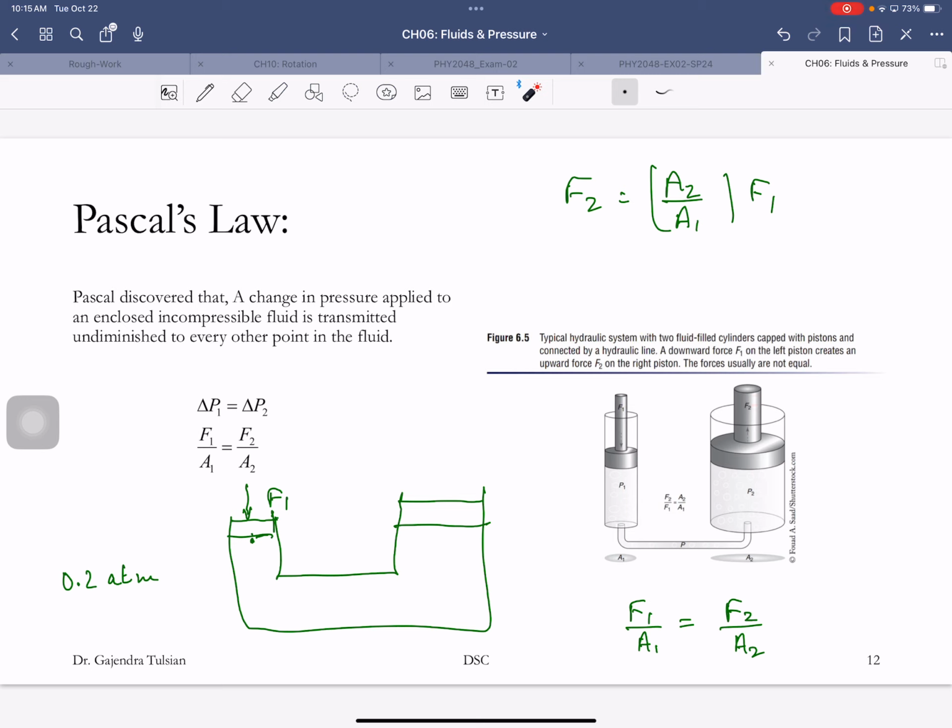And again, this is all based on Pascal's principle. What does Mr. Pascal say? That in an enclosed fluid, any increase in pressure is transmitted undiminished throughout the fluid. You increase the pressure by a certain amount at one point in a fluid, that is transmitted throughout the fluid. Okay?